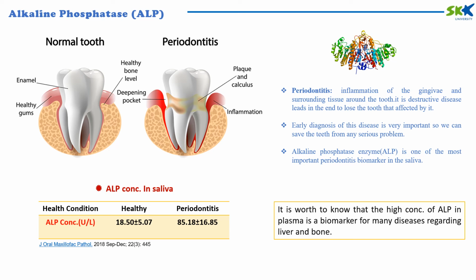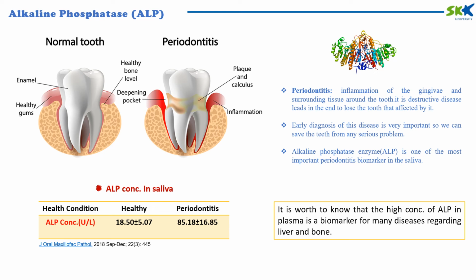Periodontitis is a destructive disease which ultimately leads to the loss of the tooth if it is affected. So early diagnosis of this disease is very important so we can save the teeth, right?